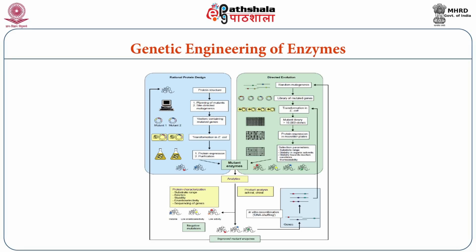In rational protein design, mutants are planned on the basis of their protein structure. They are prepared by site directed mutagenesis following transformation into host expressing organisms like Escherichia coli, and the variant is expressed, purified and analyzed for the desired trait. Some specific examples include the employment of rational design to increase the stability of enzymes by the introduction of proline residues, disulfide bonds or mutation towards the consensus for a given enzyme family.